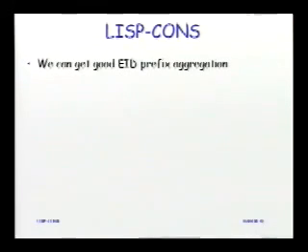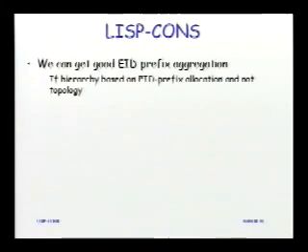We think we can get good EID aggregation if the hierarchy is based on EID prefix allocation and not on topology, and this is the whole key to this locator/ID split. The reason we think in a lot of cases we can't get good aggregation is because IP addresses today are allocated along perhaps organizational boundaries, not topological boundaries, and we think that we can get the EIDs to be allocated along a more easily aggregatable topology, which doesn't have to be congruent with the physical topology.